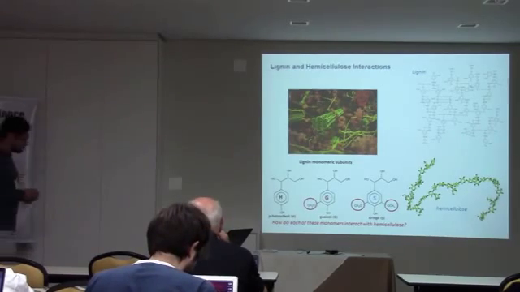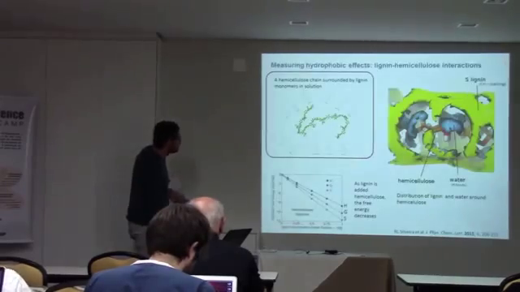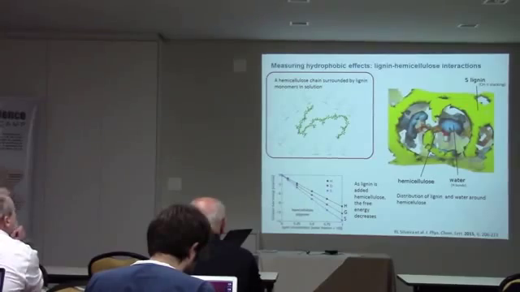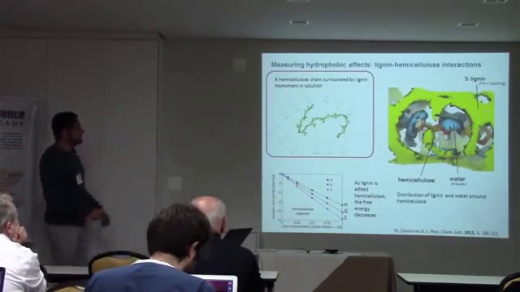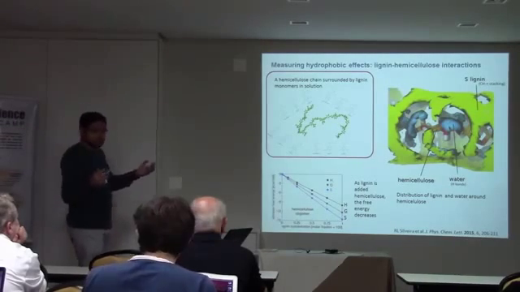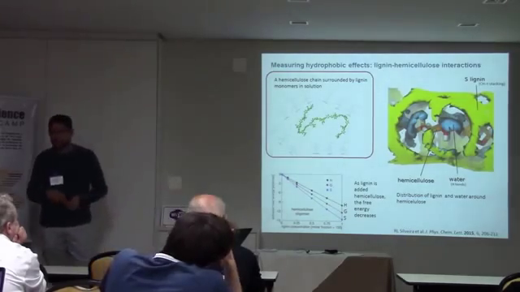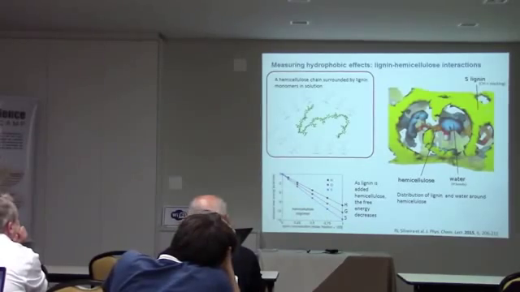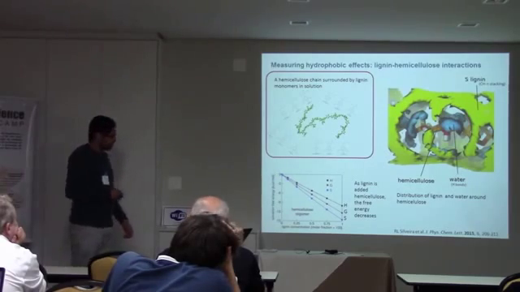For that, I also performed 3D RISM calculations. So I have, as a solute, a hemicellulose chain in the middle of the solution, and I have a solvent composed of lignin monomers and water, with lignin monomers in increasing concentration. So I see the response of the system as I add the lignin monomers in the solution.